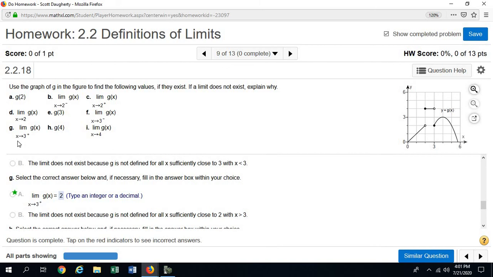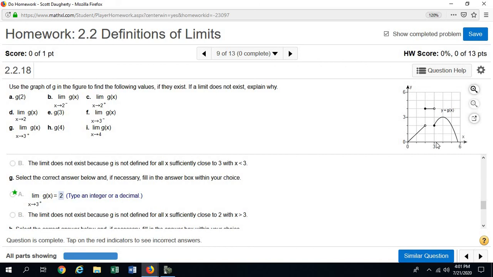Okay, and then g, we're supposed to find the limit of g of x as x approaches 3 from the positive side. So if you approach it from the positive side, you're plugging in numbers in here. So for example, maybe you're plugging in 3.5. The y value that comes out is a little bit below 3, maybe 2.9 or something like that.